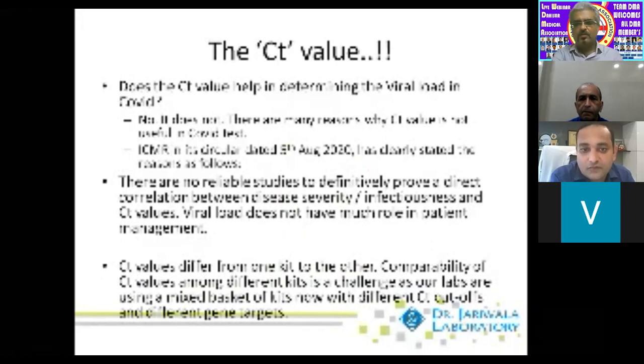It does not. Jignesh sir, the screen is not very clear. I'm not sure if others are able to see it. No, the screen is not clear. We can't see.